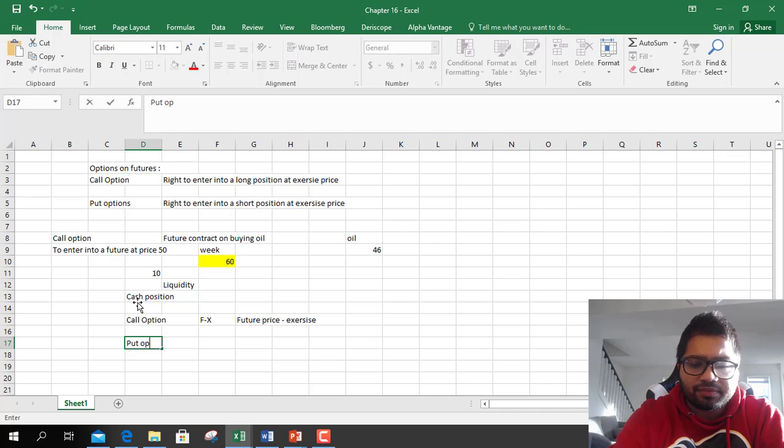For a put option, it is X minus F, where X is the exercise or strike price, minus the future price.